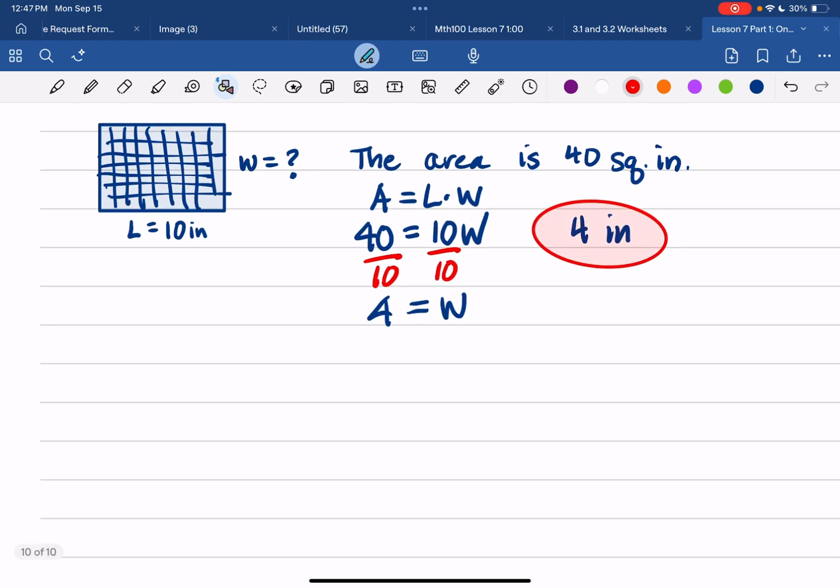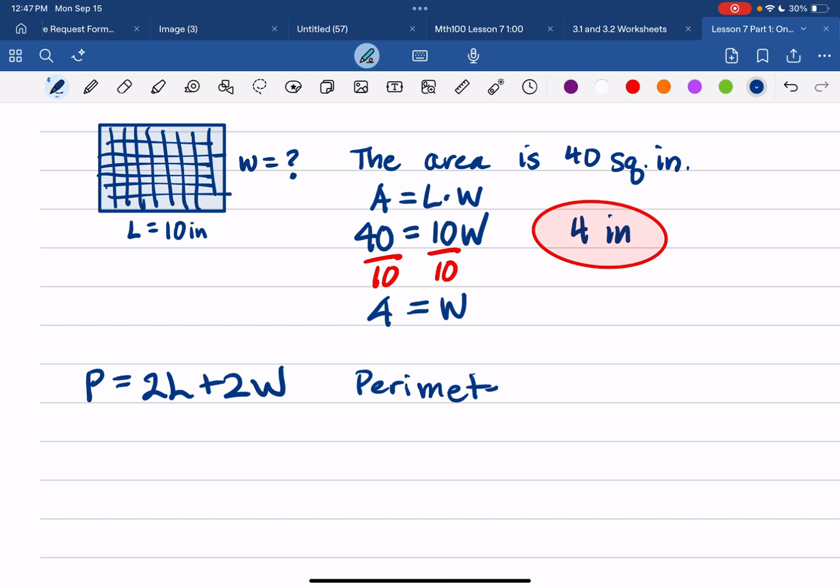Now the second one you see there, P equals 2L plus 2W. That is for the perimeter of a rectangle. So to find the perimeter, you double the length, you double the width, and you add those together. So similar problem.